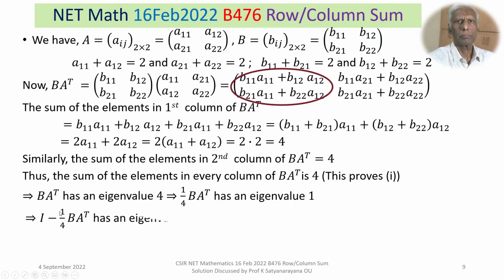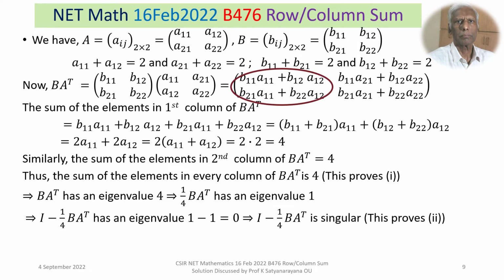And I minus 1 by 4 times BA transpose has an eigenvalue 1 minus 1, that is equal to 0. When 0 is an eigenvalue of I minus 1 by 4 times BA transpose, then it is singular. That is, I minus 1 by 4 times BA transpose is singular. This is the second conclusion in our result. Thus we have proved that one.